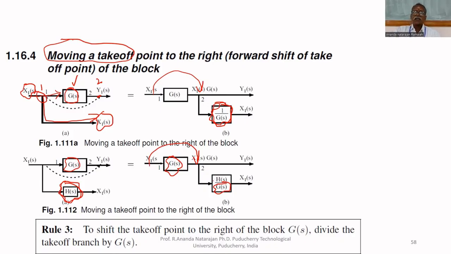This is possible in the frequency domain only. In the time domain, you have to do a convolution integral. Therefore, to shift the takeoff point to the right of the block, divide the takeoff branch by G of S. That is the rule, third rule. Rule number 3.